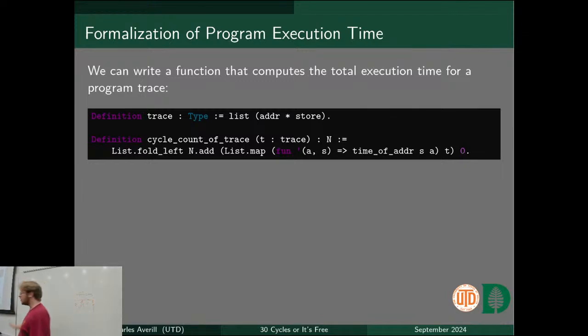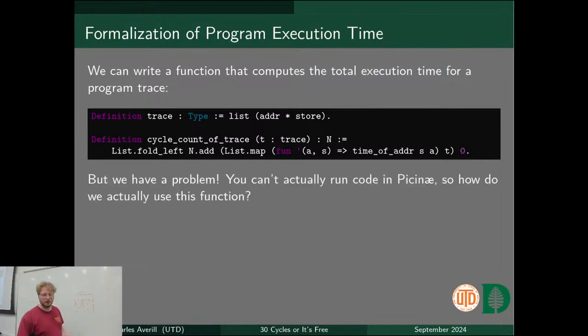We can just traverse the entire list, call the time of instruction function for each instruction in our trace, and then we can add it to some sum that gets bubbled through the list. So all this is doing is summing up the value of time of instruction for each item in the trace, right? So ideally, you just run the cycle count of trace thing on a CPU trace, and boom, now we have the number of clock cycles it took, right?